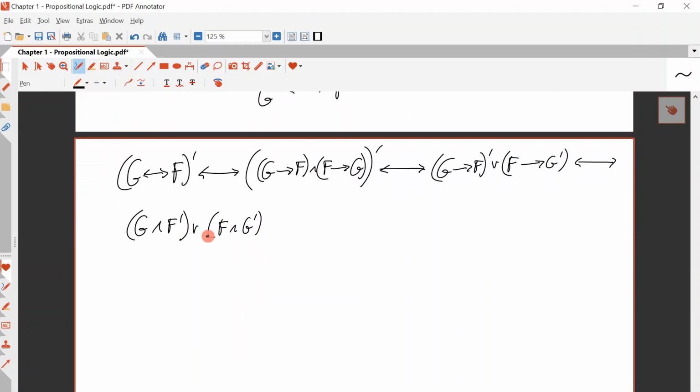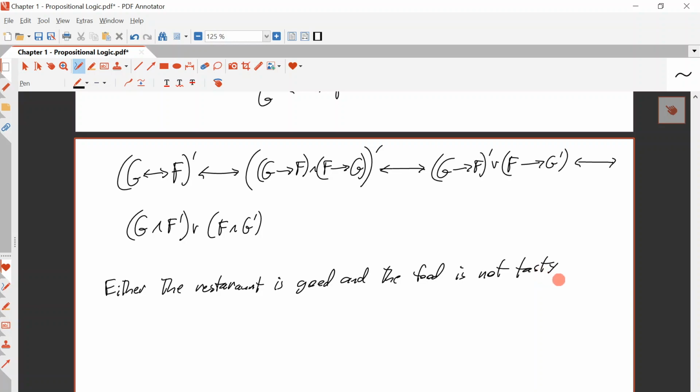Now we can translate that back into English. Either the restaurant is good and the food is not tasty, or the food is tasty and the restaurant is not good.